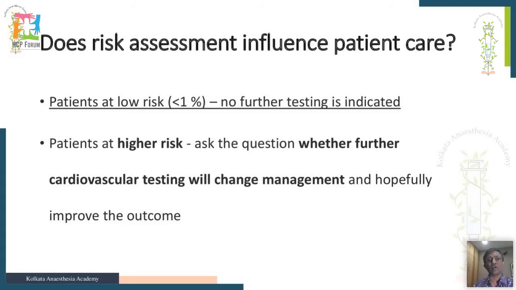Those with a higher risk, you'll have to take a call. Should I do cardiovascular testing? Will that cardiovascular testing change the way I manage the patient and hopefully improve the outcome, not just the surgical outcome, the long-term outcome as well? Or can it possibly help me in some situations with risk prognostication and stratification as well?